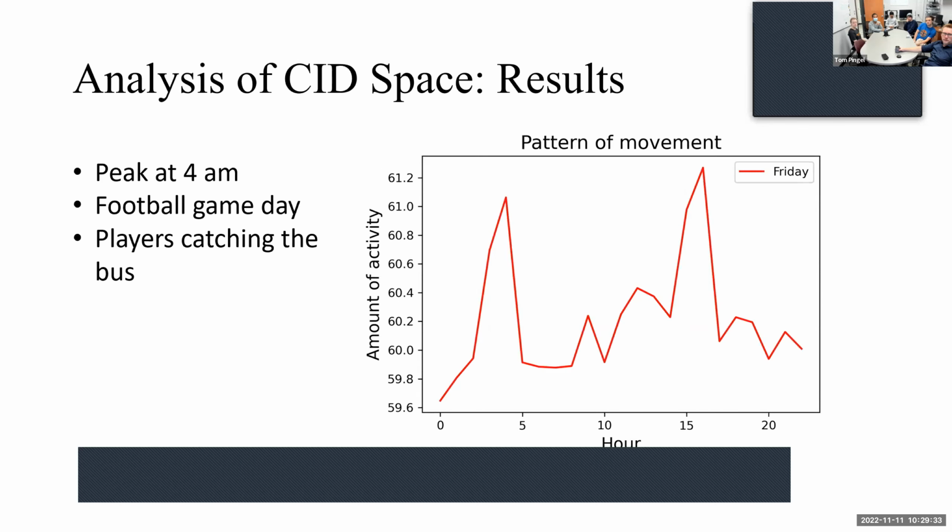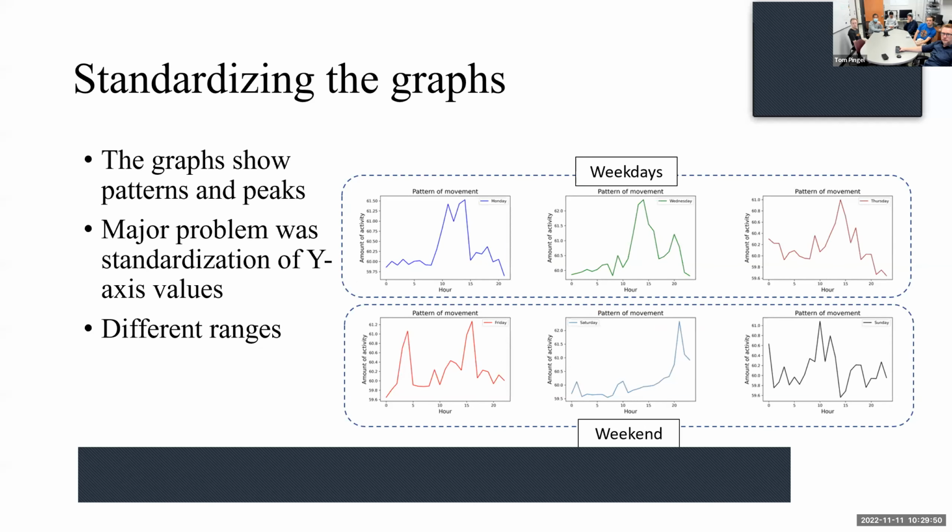This was the most interesting graph last week, and I think Addison said it was a football game day, and players were probably going there. I realized this graph is very exaggerated because the y-axis values are very small. The Friday values are very peaky.